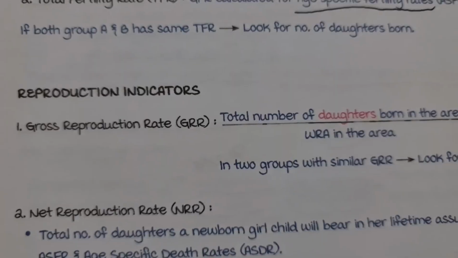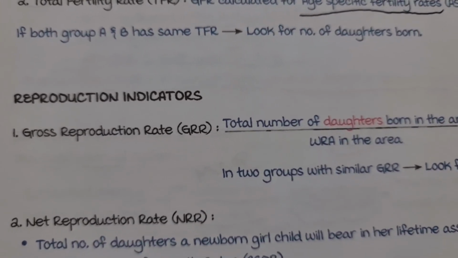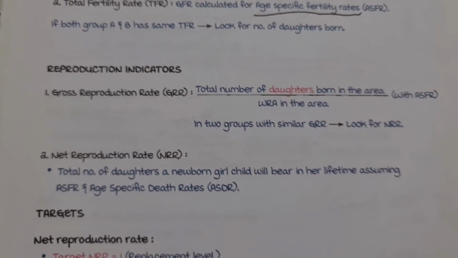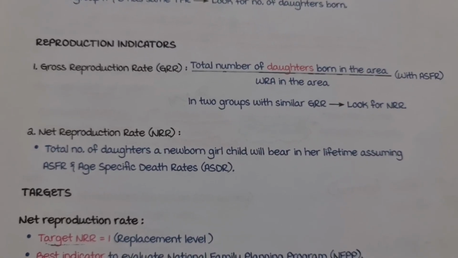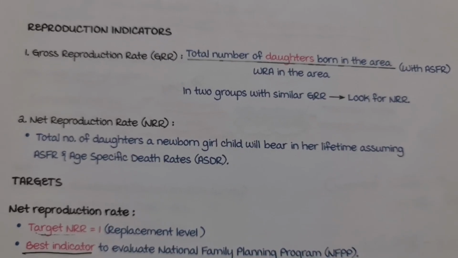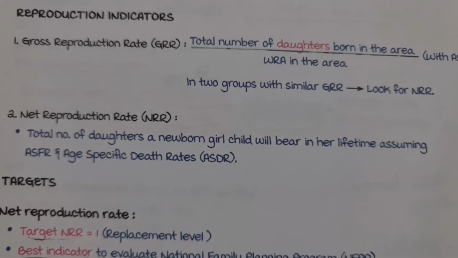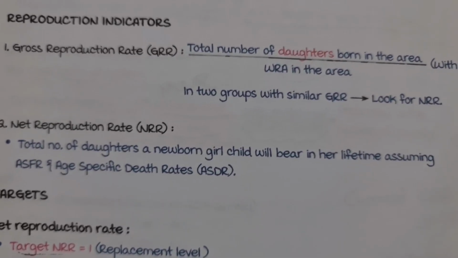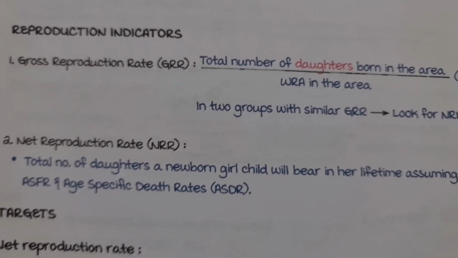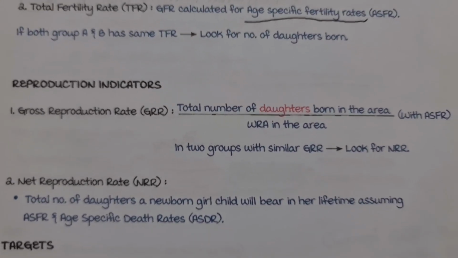So we are considering the total number of daughters a newborn girl will bear in her lifetime, assuming the age-specific fertility rate and the age-specific death rate, which is the mortality. So this was the net reproduction rate.